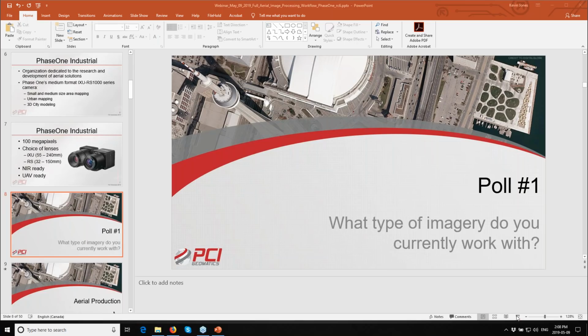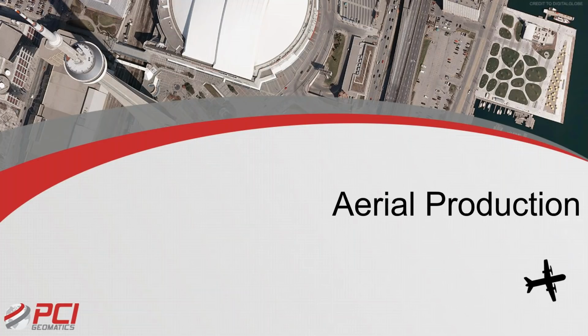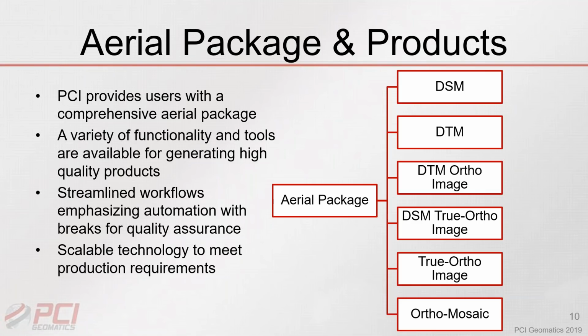If I go back to the presentation, I'm going to talk a little bit about our aerial production solution. We offer a complete package to perform aerial data processing. As you can see, we have a number of products that can be generated through our package. Everything from digital surface models to digital terrain models.